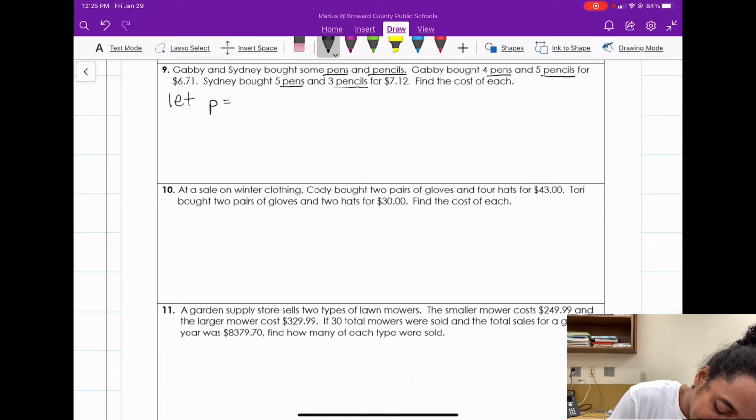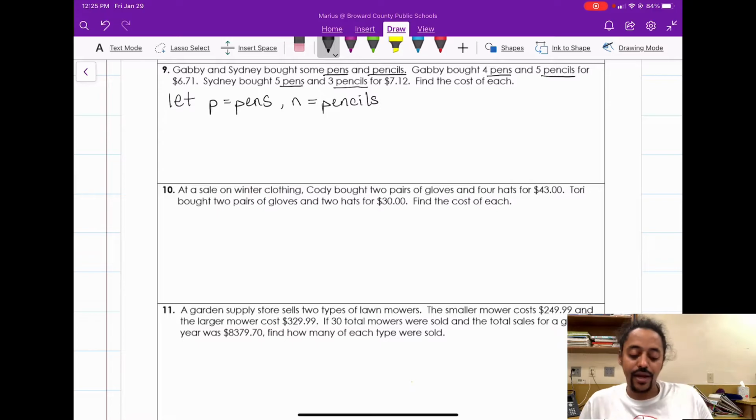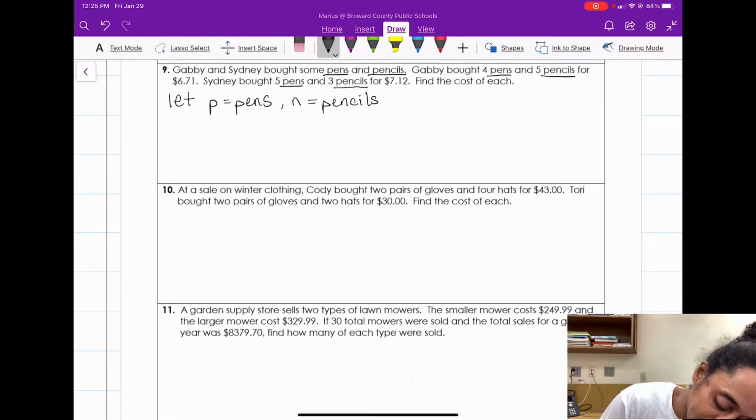Let P represent pens and let N represent pencils. Okay. Now that we've done that, we're going to write an equation for Gabby, and we're going to write an equation for Sydney.